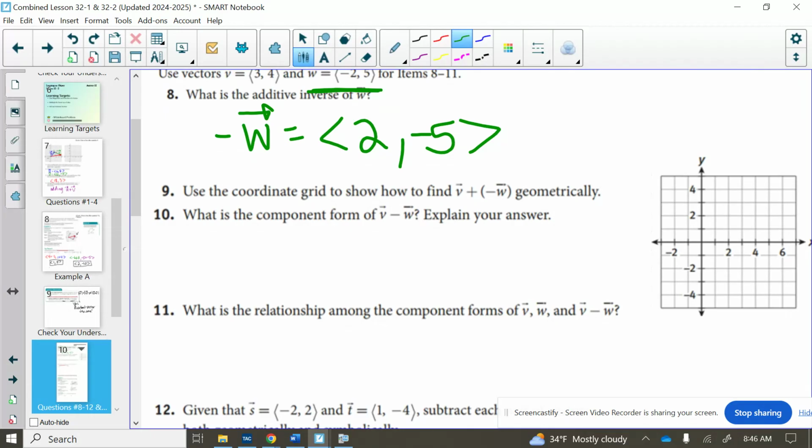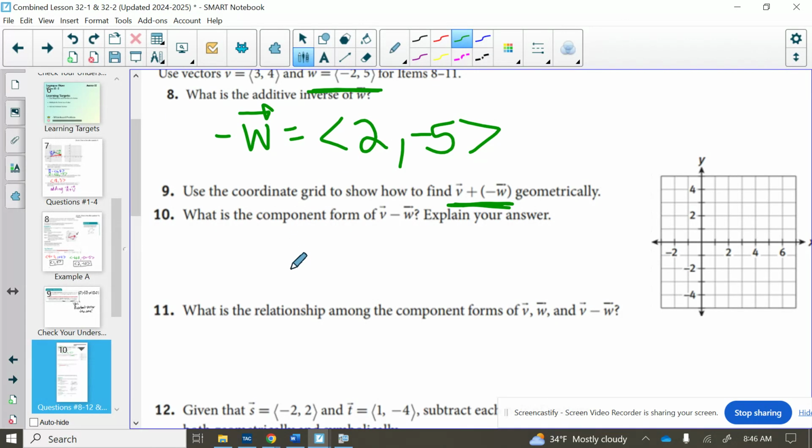Now, thinking about adding two vectors together, again, we are just combining the A components and the B components. So that's going to happen as well when it comes to our graphs here with vectors v and w. Vector v, again, we know is at 3, 4.